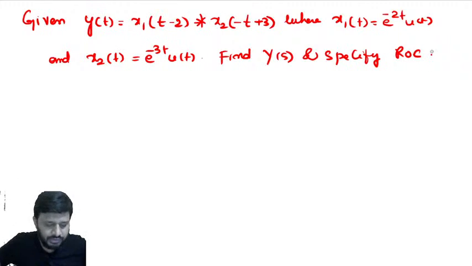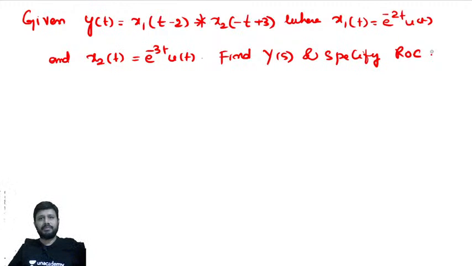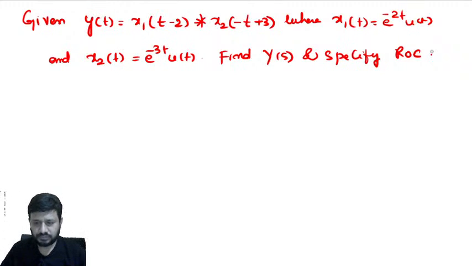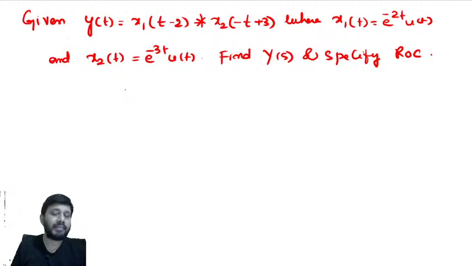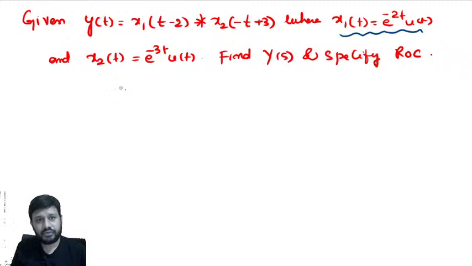Come on, try to solve this one. It's an important problem. y of t is x1 of t minus 2 convolved with x2 of minus t plus 3, where x1 of t is this signal, x2 of t is this signal.